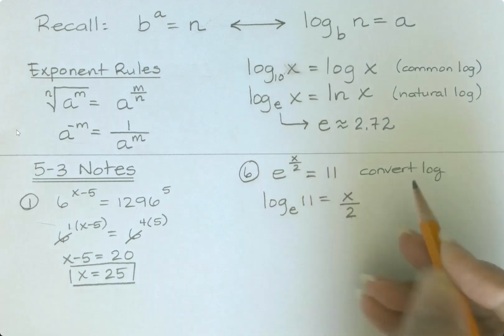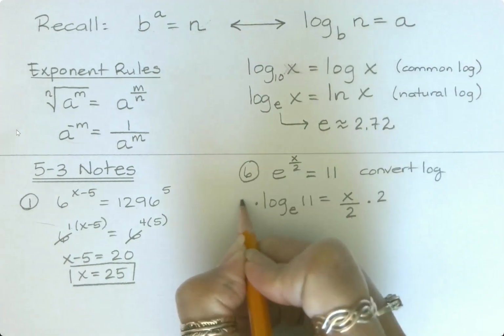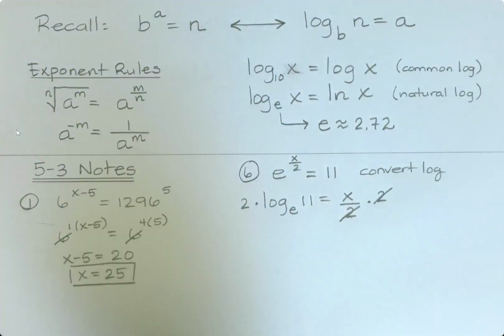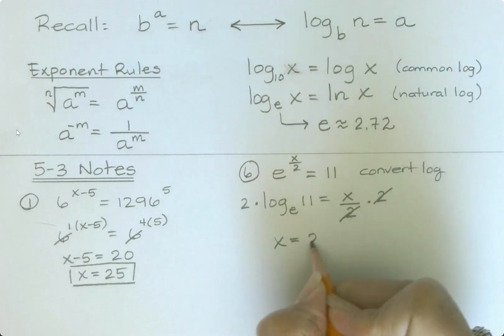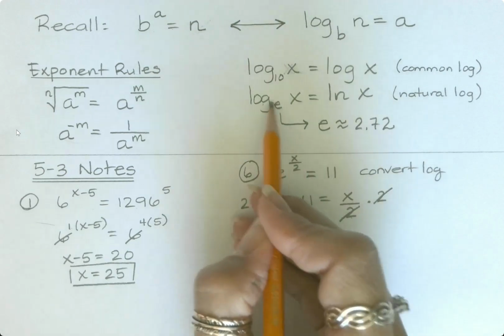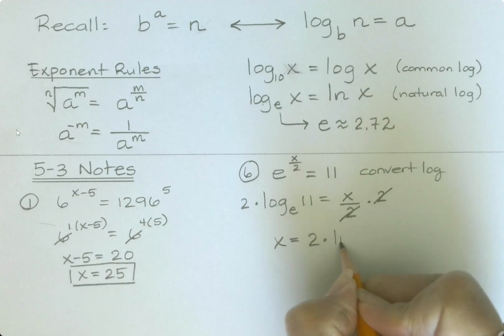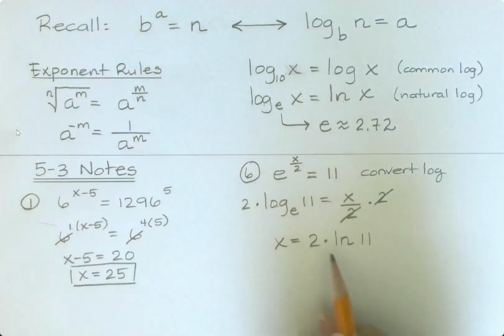So to undo this, I need to multiply both sides by 2, okay, so that I can isolate my x. So x is going to be 2 times log base e. Log base e is just natural log, so I'm just going to replace it with natural log of 11. And that's my final answer.